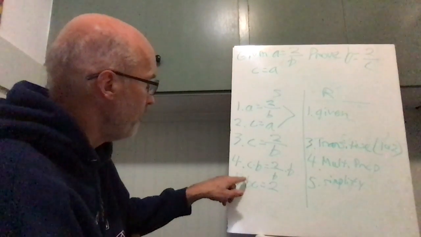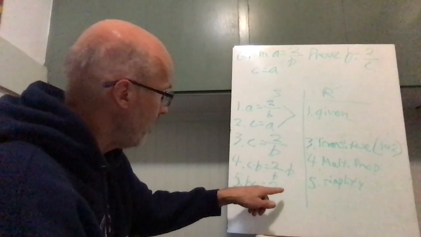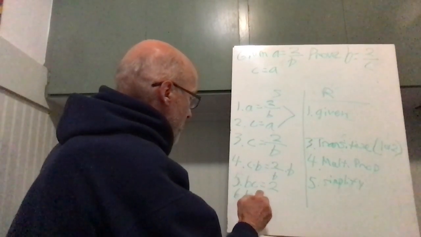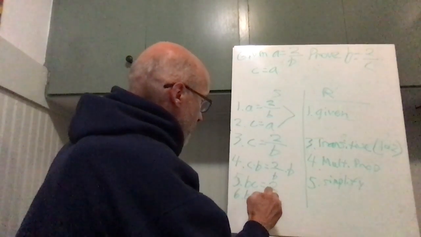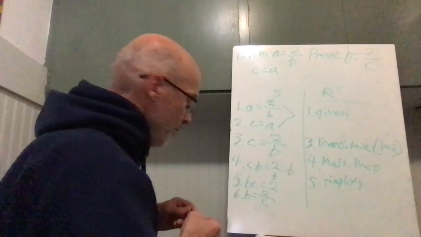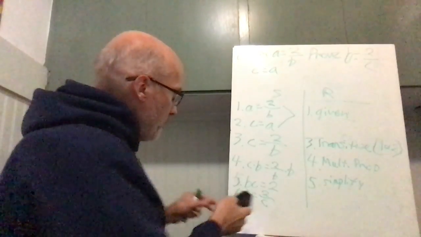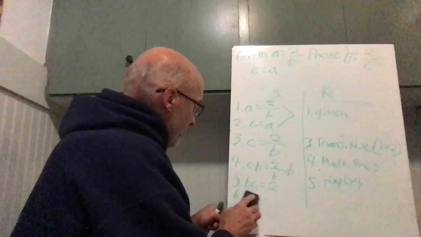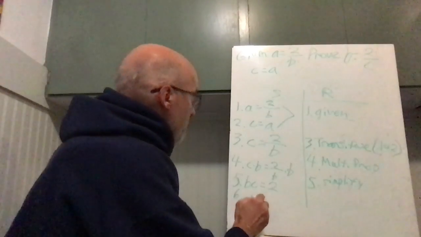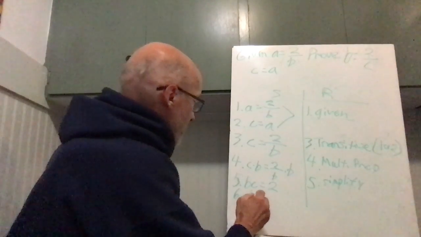Now, I just want to divide by c to get it over on that side. Step 6, b equals 2 divided by c. Oh, sorry, I can't really do that. See, I skipped a step there. I've got to divide both sides by b. Sorry, by c.